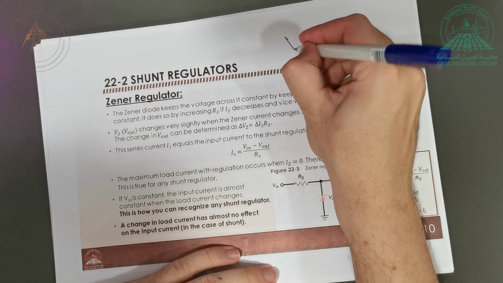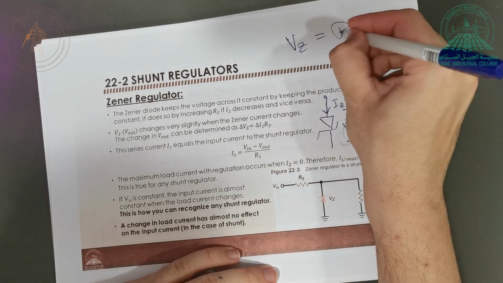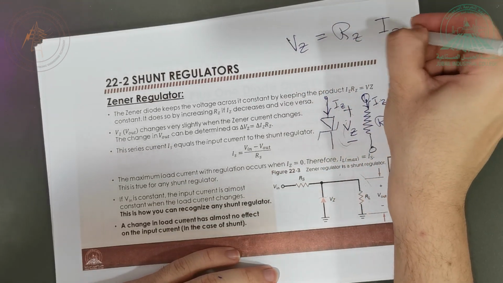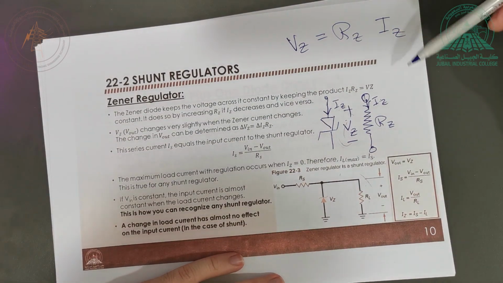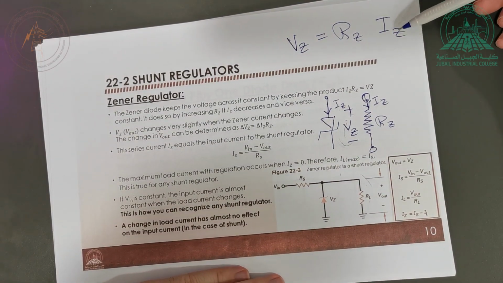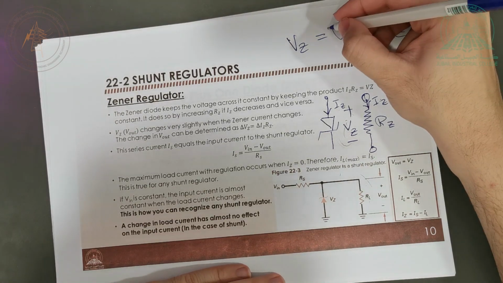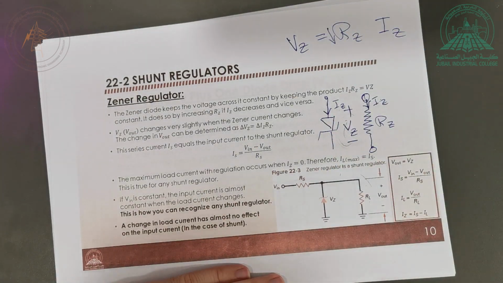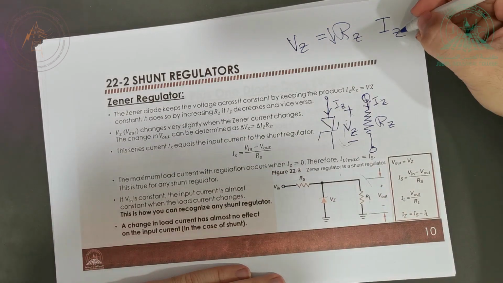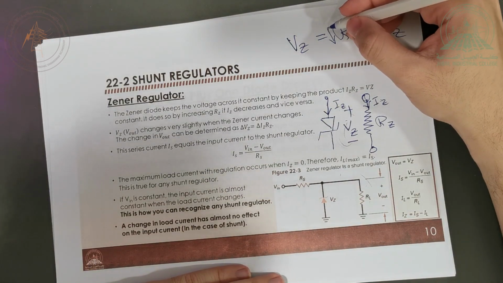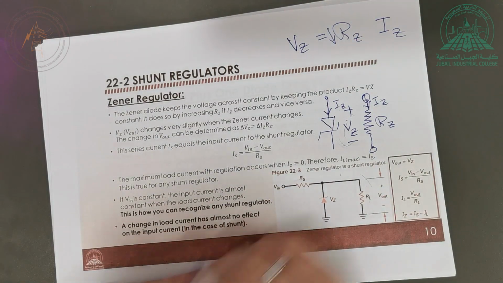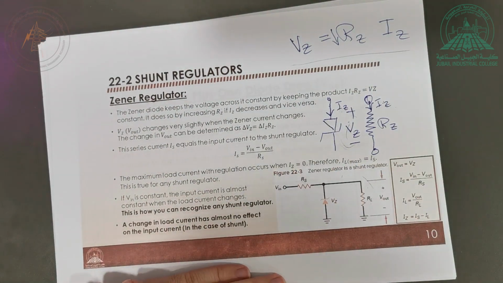So again, look, VZ equals RZ multiplied by IZ. When the current in the Zener increases, the Zener diode is going to decrease its own RZ. So if this increases by 50%, what will happen to RZ? It will decrease by 50%. فالمحصلة بتبقى زي ما هي.